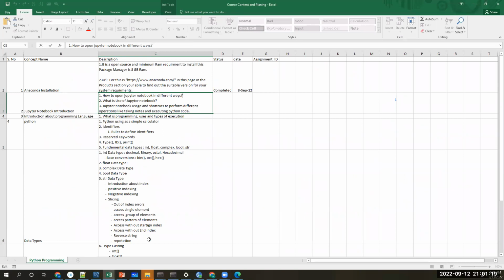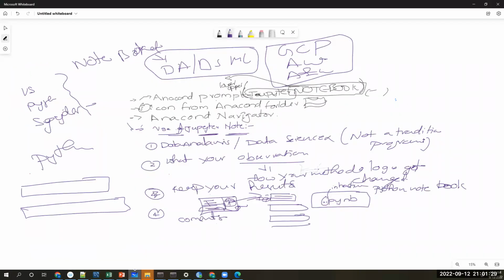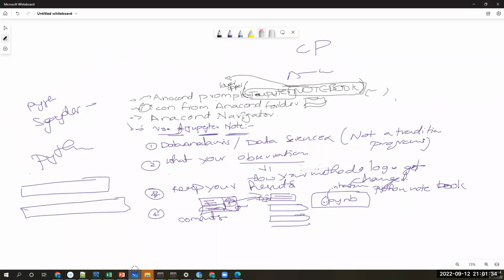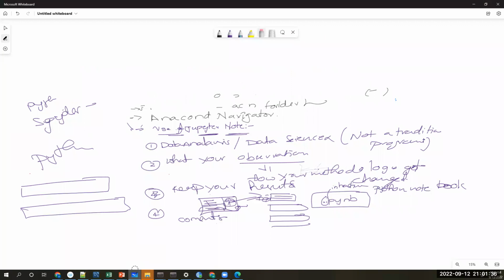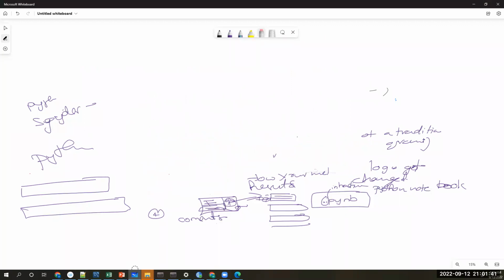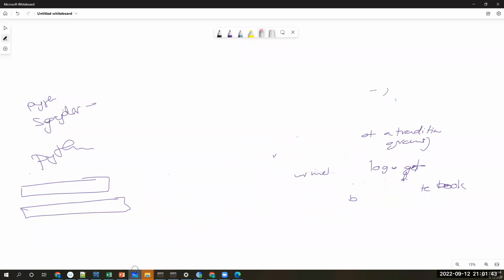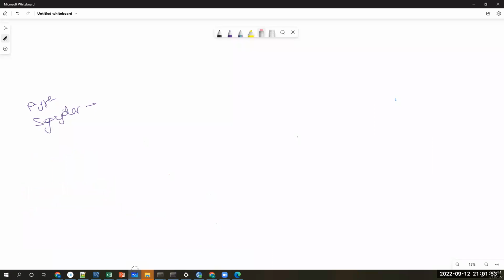Sunita, what is the shortcut to execute code in a cell? Code in the cell. It's a code cell, and in the code cell only we are able to execute.